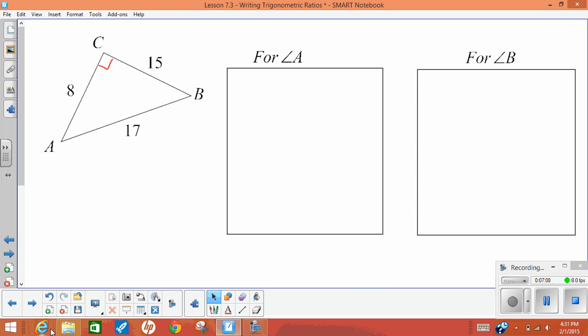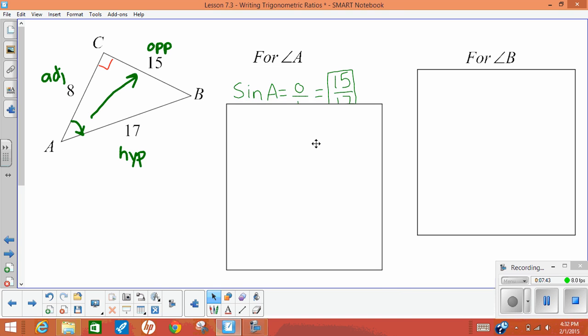Go ahead and pause here, see if you can find the sine, cosine, and tangent of each of these angles in this triangle. Remember to use the previous example to help you. So if I'm looking at angle A, this side that's 17 is going to be my hypotenuse no matter what. 15 is my opposite side, and 8 would be my adjacent side.